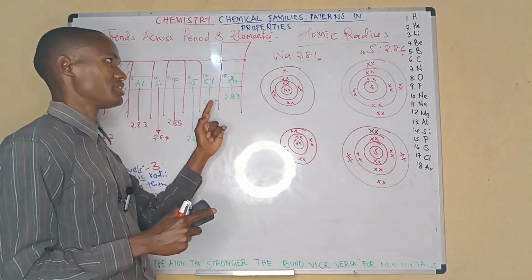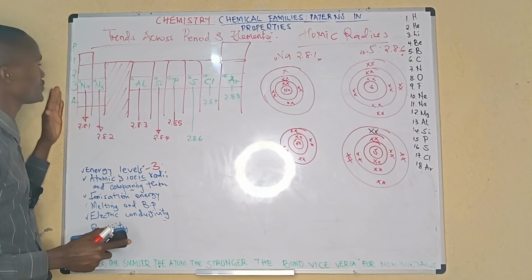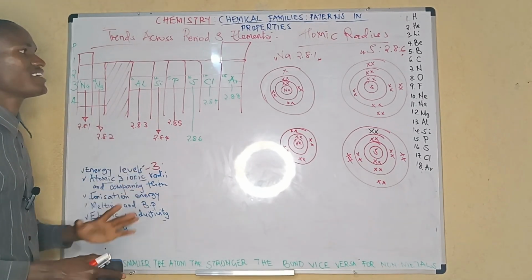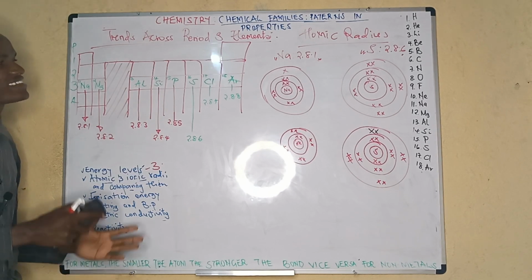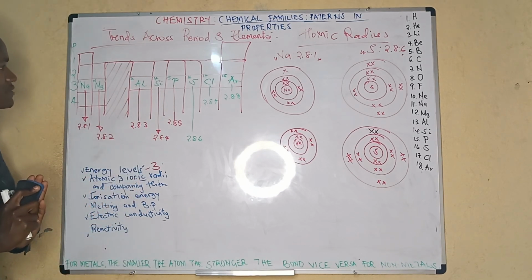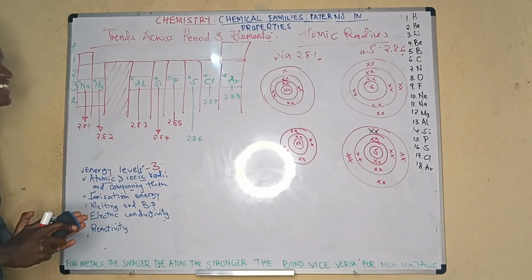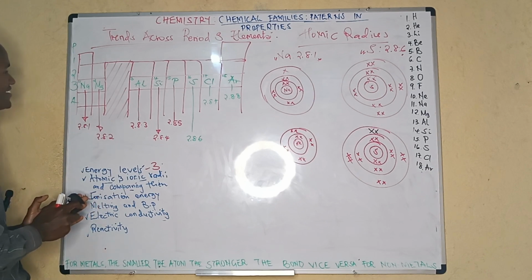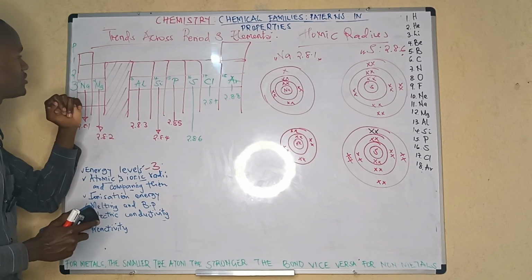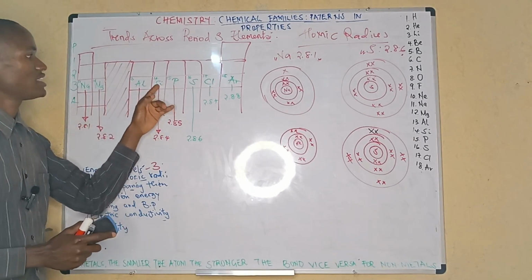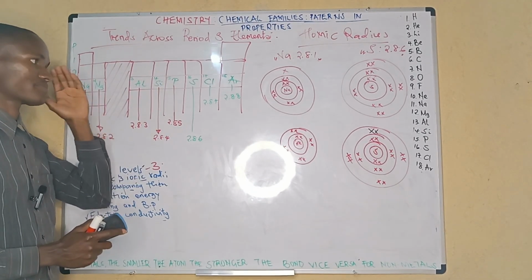But when you come to this period, this is a period crossing from the left side to the right side. We have they vary, even the appearance, the state in which they are, all through they vary. How? Sodium is a metal. Good. Magnesium is a metal. Aluminium is a metal. Silicon is a nonmetal.